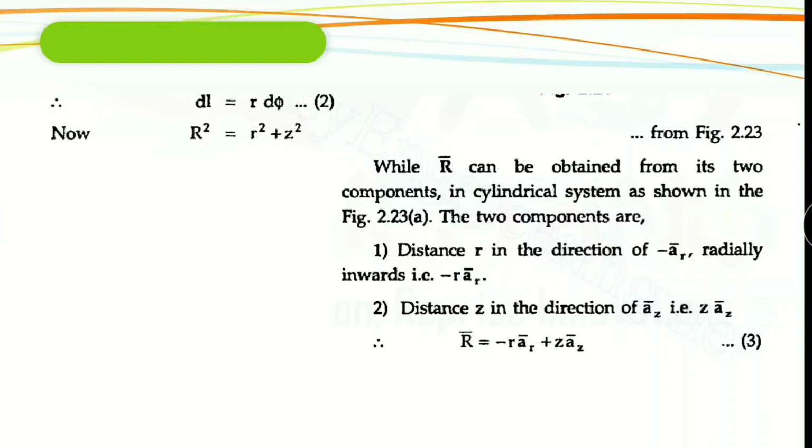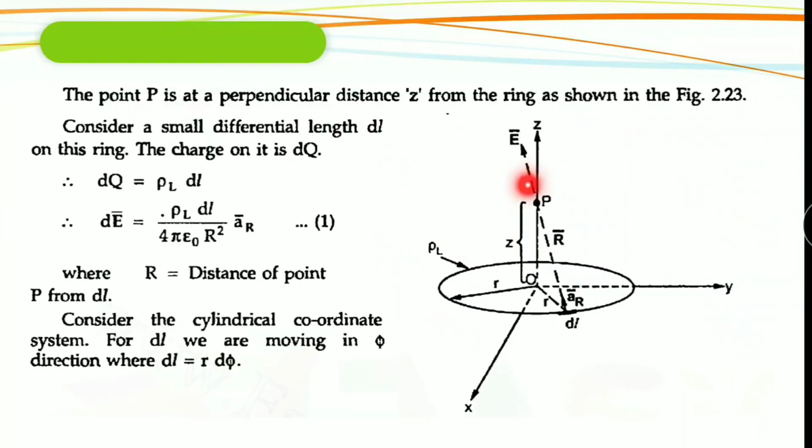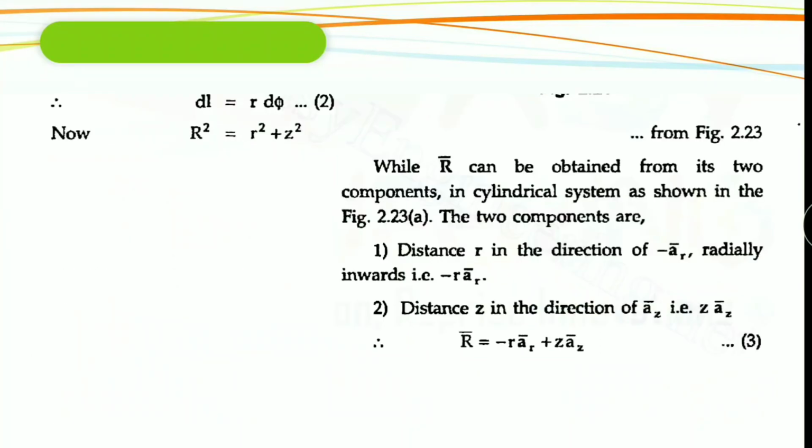When you observe this figure, this is a right angle triangle, so R is the hypotenuse. From the right angle triangle theorem, R square is equal to side square plus side square. That's why capital R square is equal to small r square plus z square.